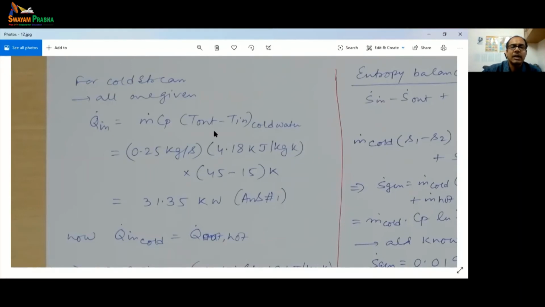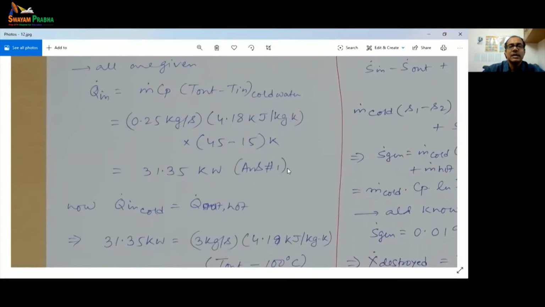The inlet and outlet temperatures are 15 degrees centigrade and 45 degrees centigrade, and you can write the difference either in degrees centigrade or in Kelvin. As all of them are in Kelvin, it's better to write it in Kelvin. If you perform this multiplication, then the rate of heat going into the cold stream is 31.35 kilowatt, and that's the first answer it is asking.